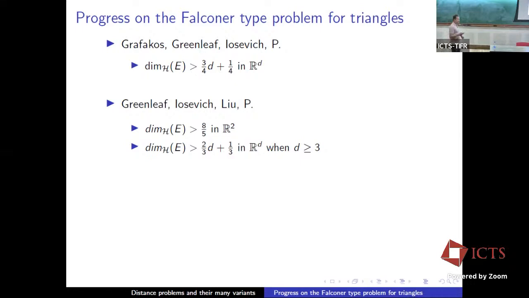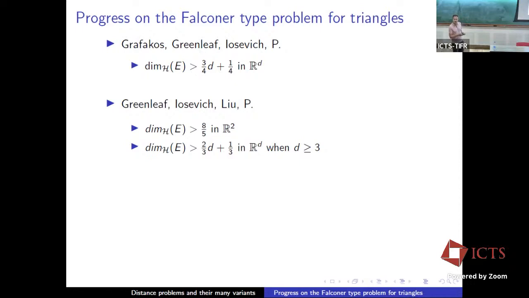And so the conjecture is 3/2. We achieved 8/5, so that is strictly higher. So there still remains a gap, and maybe that is not too surprising when we can't solve the Falconer distance problem, that we can't solve this one. Okay. And this set over here was really through the L2 technique, and I'll show you some glimpses of the proof of this near the end of the talk.